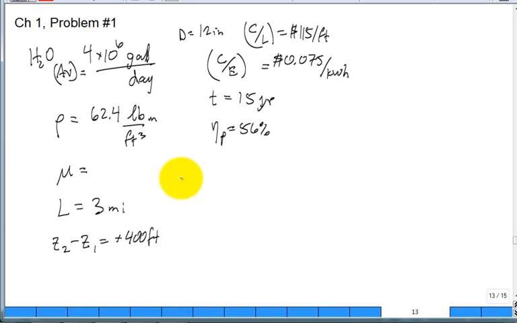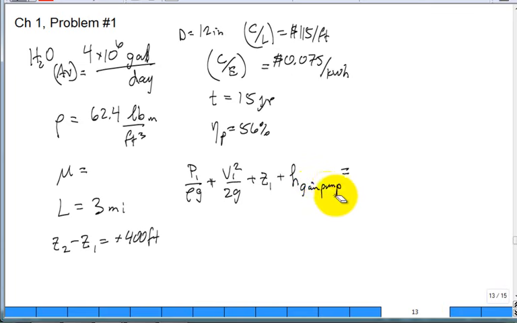Okay, so we're going to have the pressure at 1 divided by rho g, plus V1 squared divided by 2g, plus Z1, plus any head gains due to pumps.